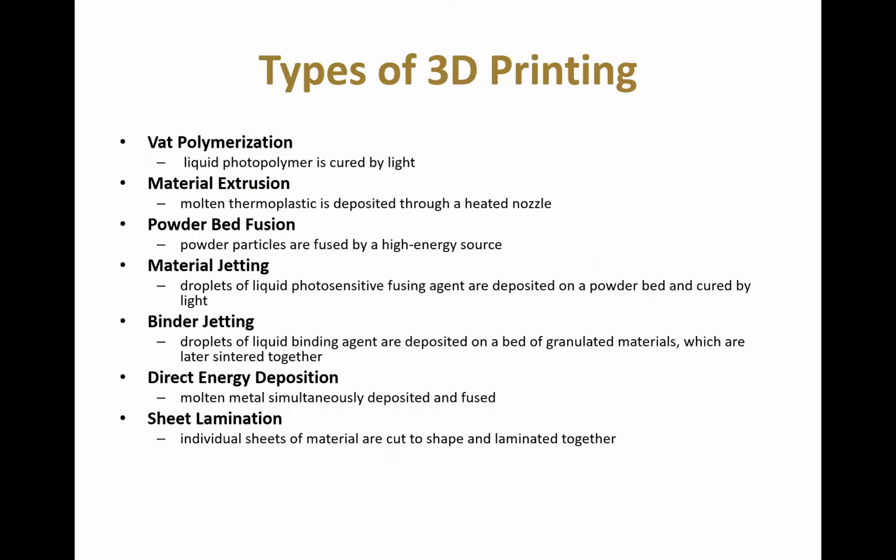This slide shows different types of 3D printing, all the way from polymerization, and that includes stereolithography, to material extrusion, powder bed fusion, a couple of types of jetting, direct energy deposition, and sheet lamination.